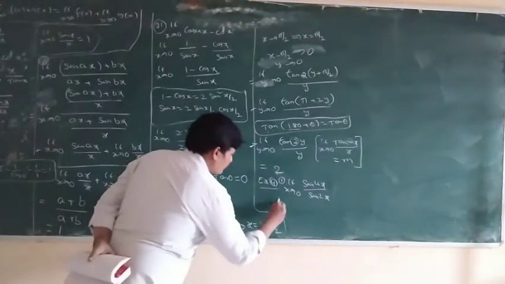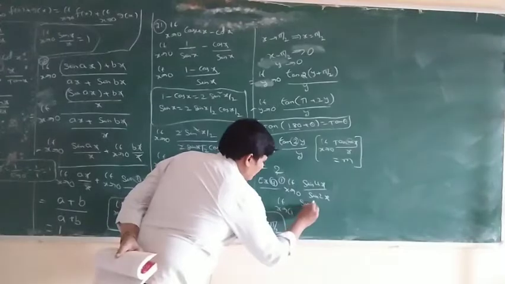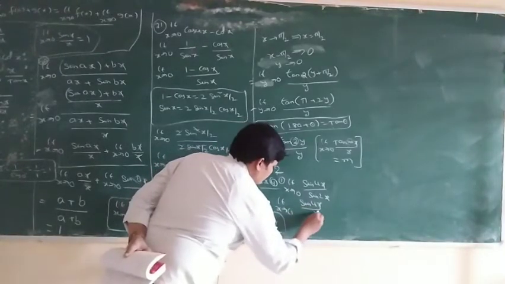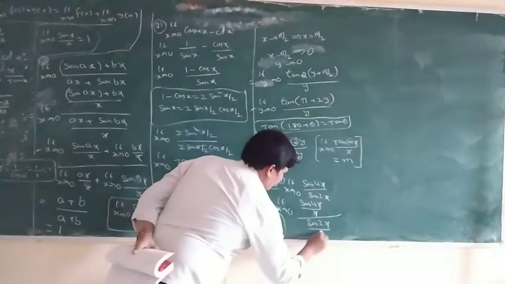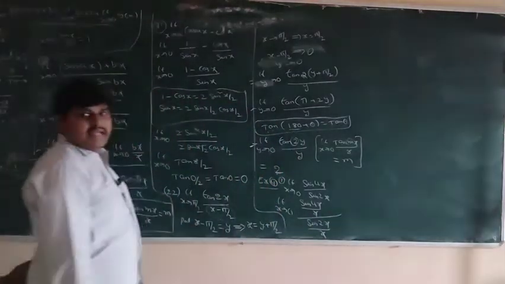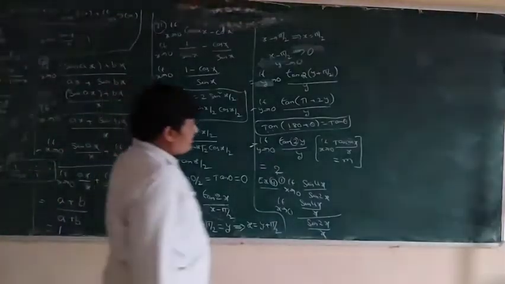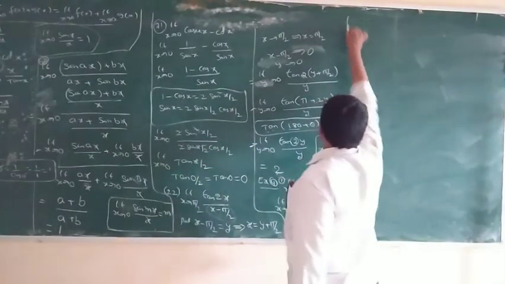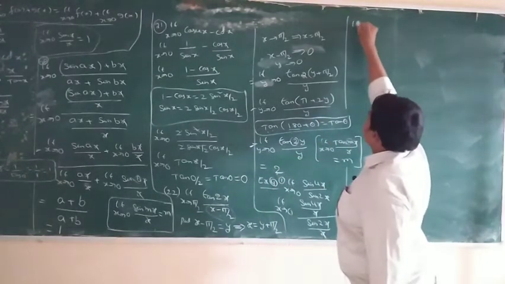So solve: limit x tends to 0, sin 4x by x over sin 2x by x. Divide and multiply with x, and separate the limits.